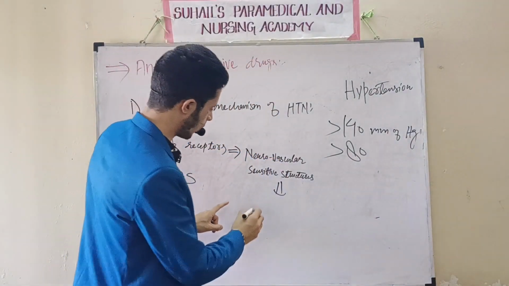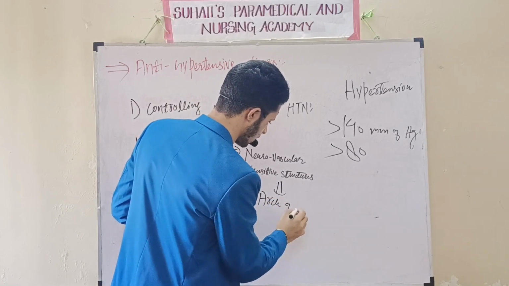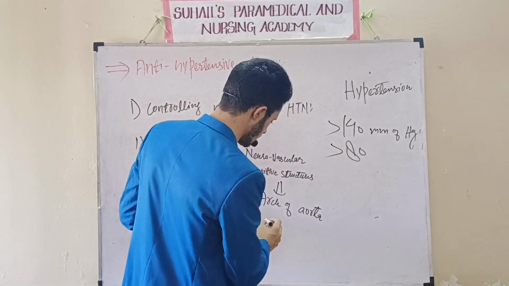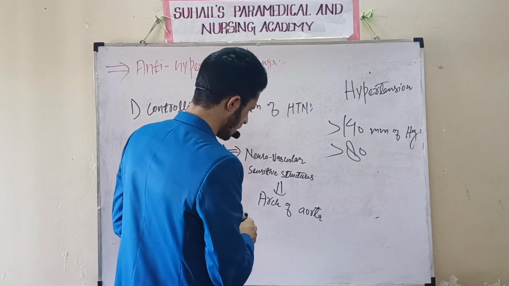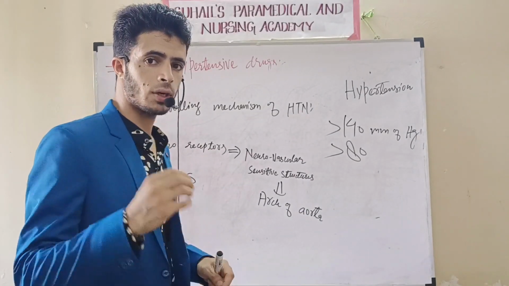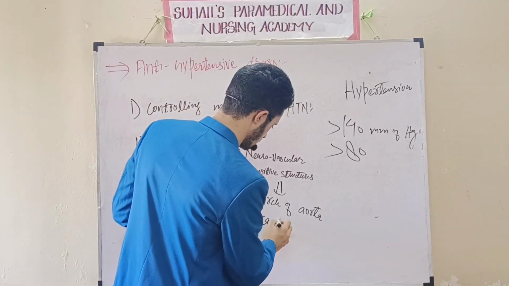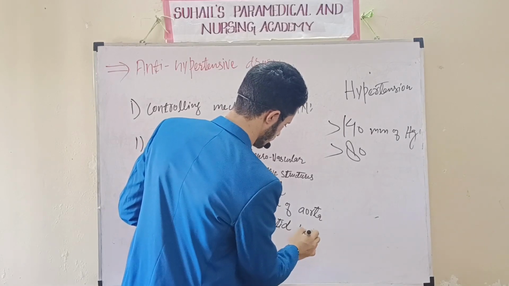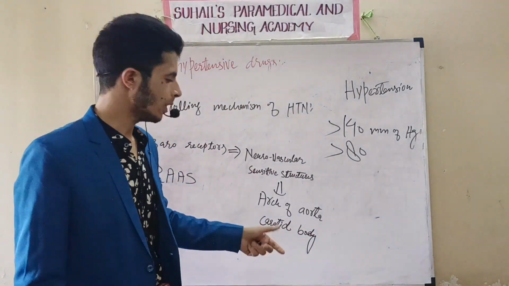One is the arch of aorta. Another is the carotid body.